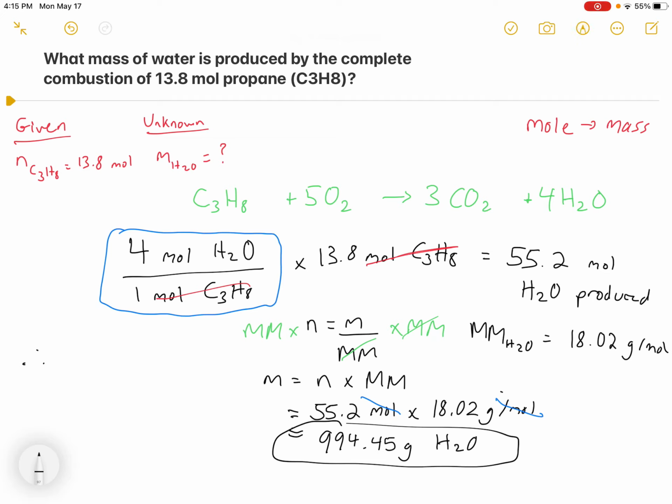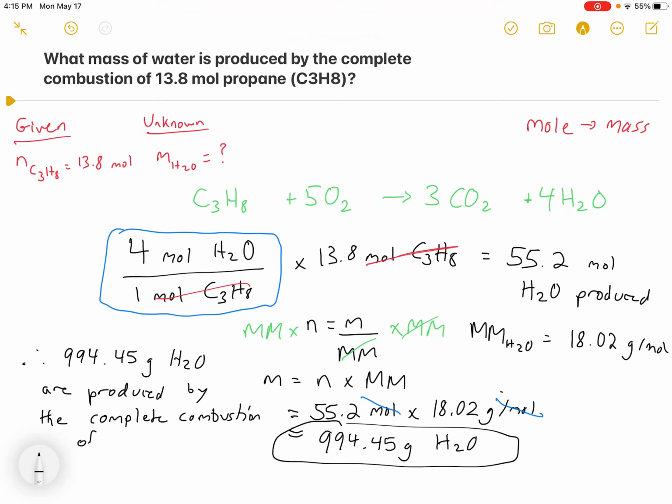Therefore, 994.45 grams of water are produced by the complete combustion of 13.8 moles of propane.